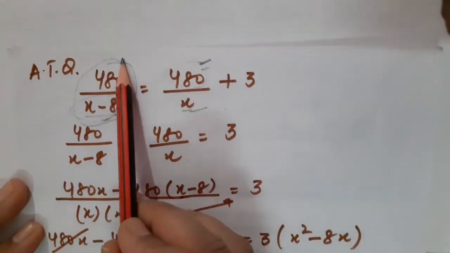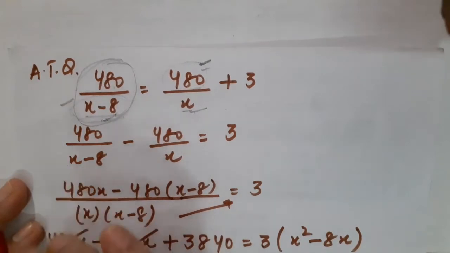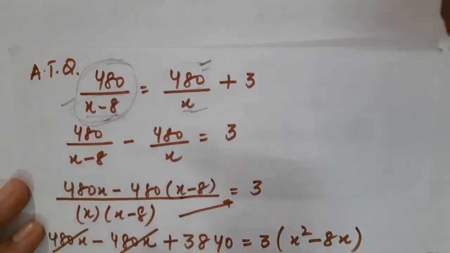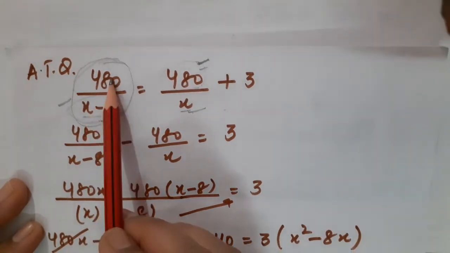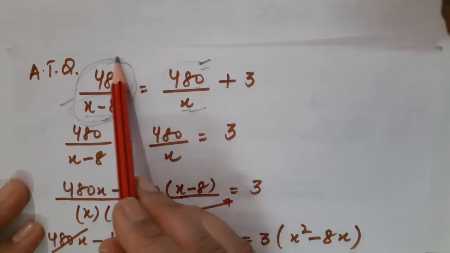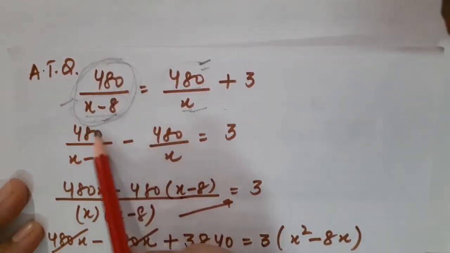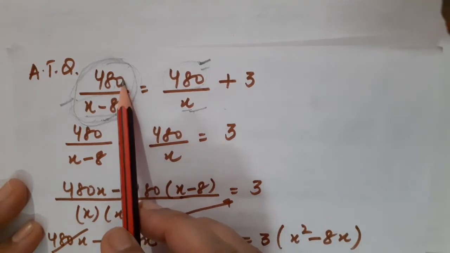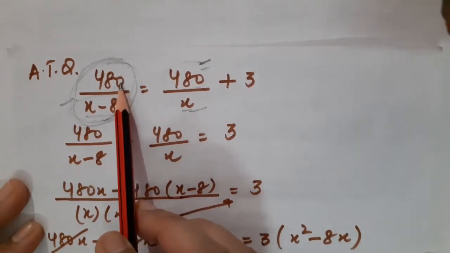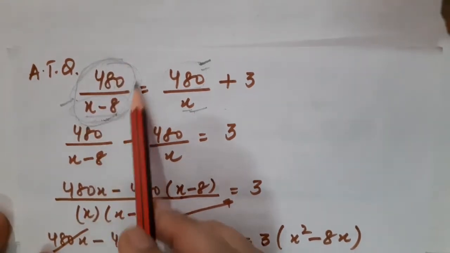Fine. When speed was reduced, then 3 more hours are taken by the train to reach to its destination. Fine. So it means this is time actually. This is, look, distance upon speed means this time is 3 hours more, because this is that time when the train has reduced its speed, means when the speed of the train was reduced by 8 km per hour, then this is that time taken.